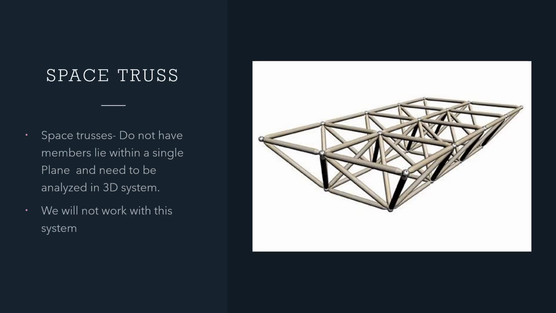Space trusses, on the other hand, are kind of the opposite. They don't lie within a single plane, and they need to be analyzed as a 3D system. As you can see in this example, this is more of a 3D look. We're not going to be working with this system, but I thought it would be nice to add this example.